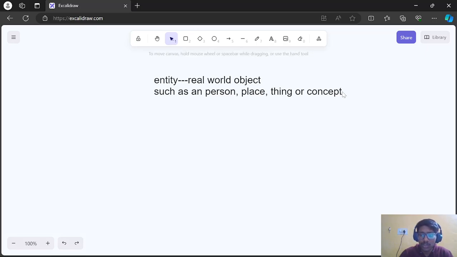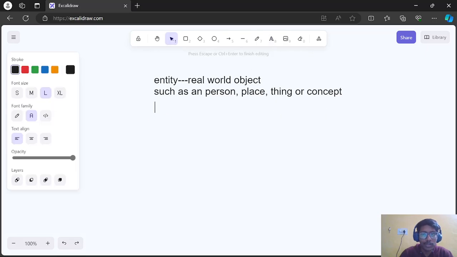Let us go to another keyword, that is an attribute. So what does an attribute mean? Even humans or a place or a thing or a concept has some properties, right? So how are they defined? That's what an attribute does.